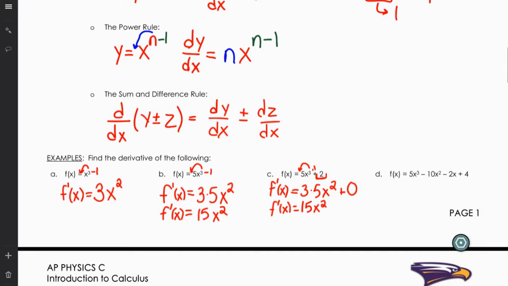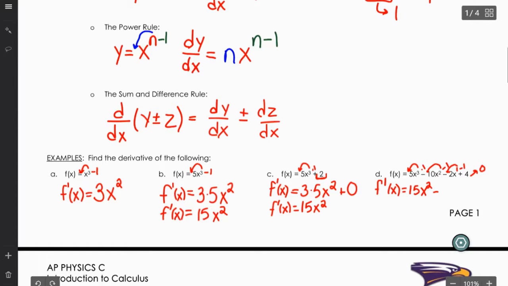Now here's one that's just a little bit more advanced, but again, just keep following the rule. Bring the exponent down, subtract 1. Bring the exponent down, subtract 1. Bring the exponent down, subtract 1. Constant, 0. And so if I collect it all, I get f prime of x equals 3 times 5 is 15, 3 minus 1 is 2.